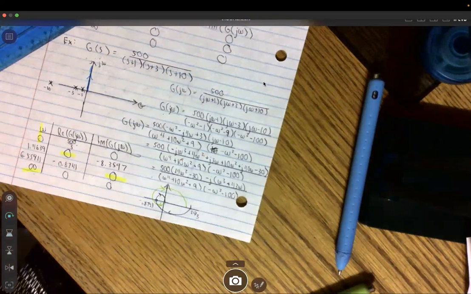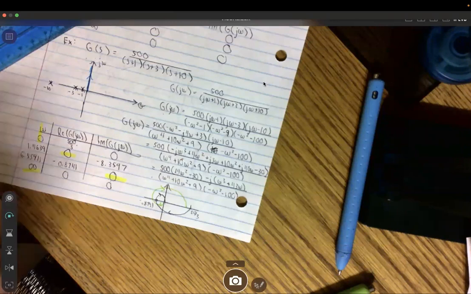So that's the Nyquist diagram in summary of how we got that plot. And then at the very end, he talked about gain margin and phase margin.